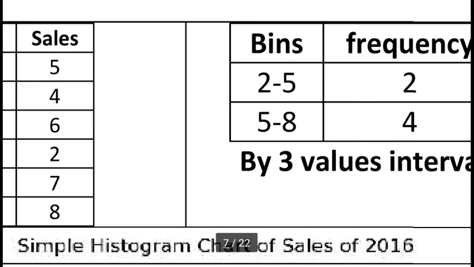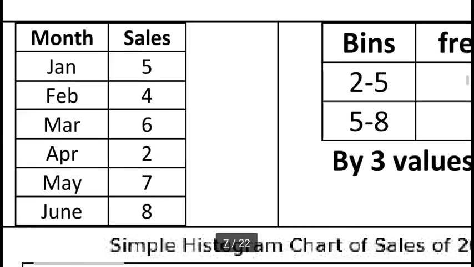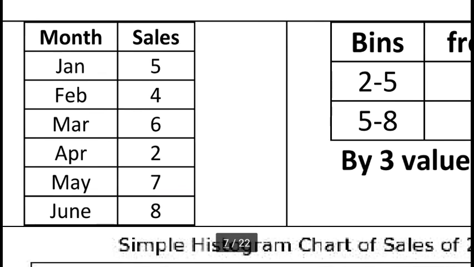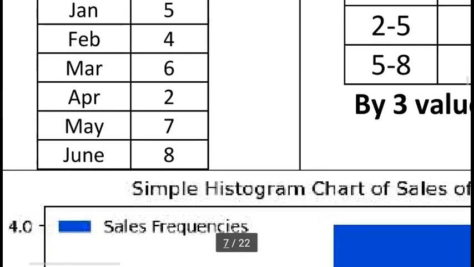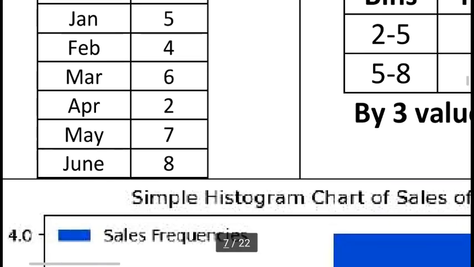Bins means I want to create categories, intervals. You can see the minimum value is 2 and the maximum value is 8, so all our interval values must exist between 2 and 8.